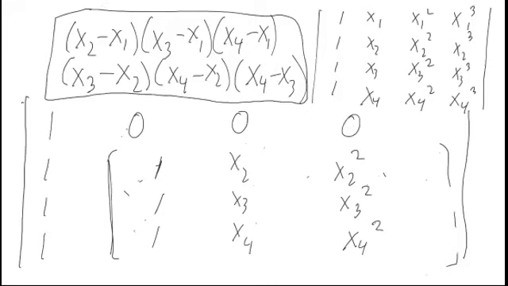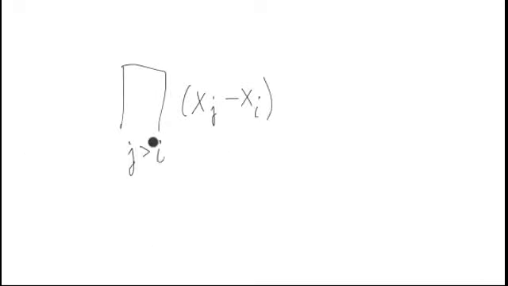So what we see is that the determinant is simply the product of xj minus xi, where j is bigger than i.